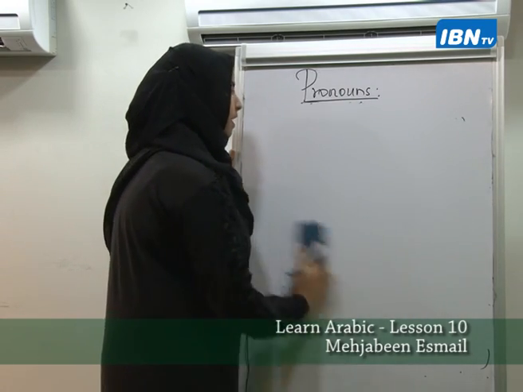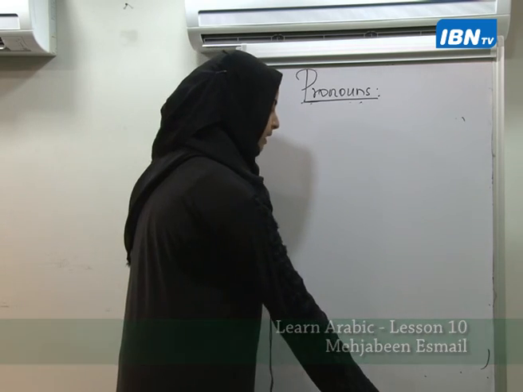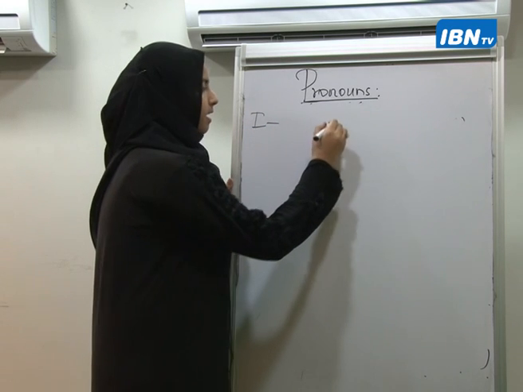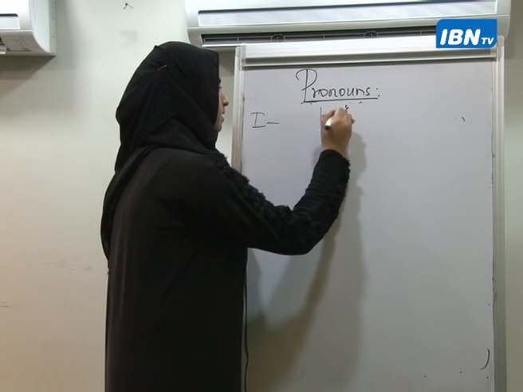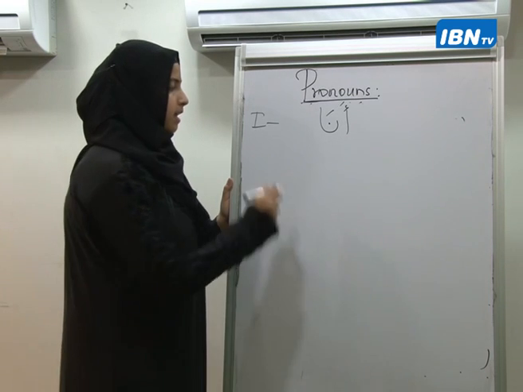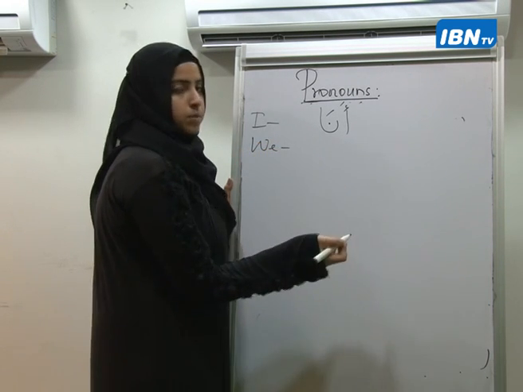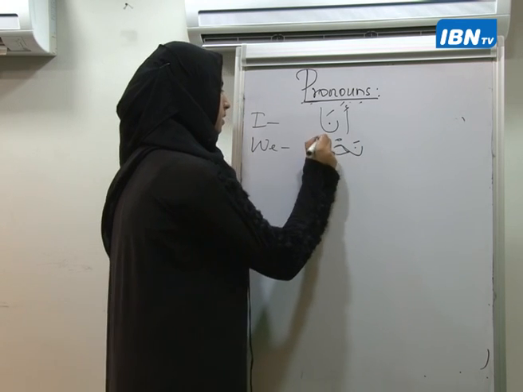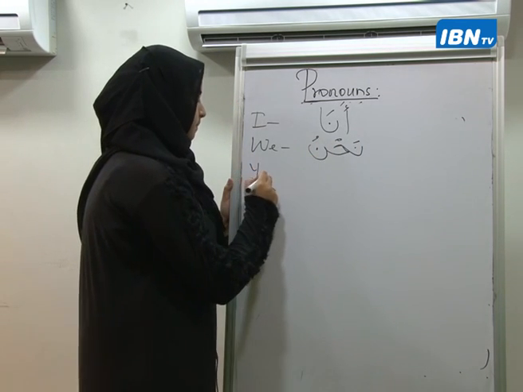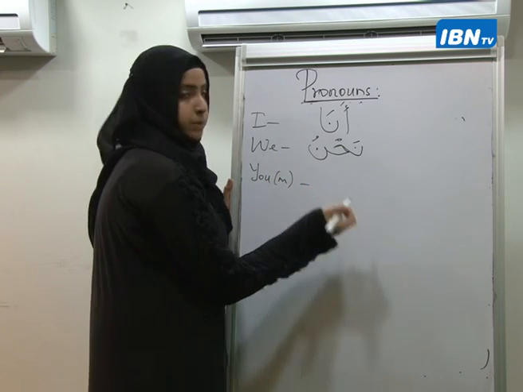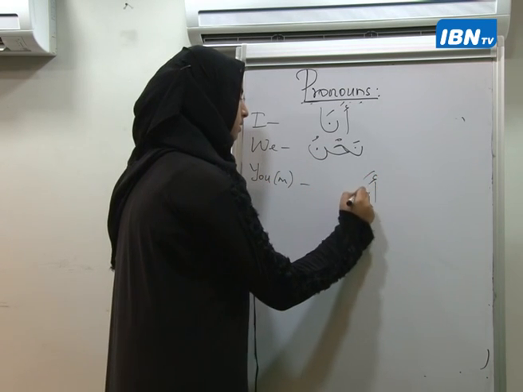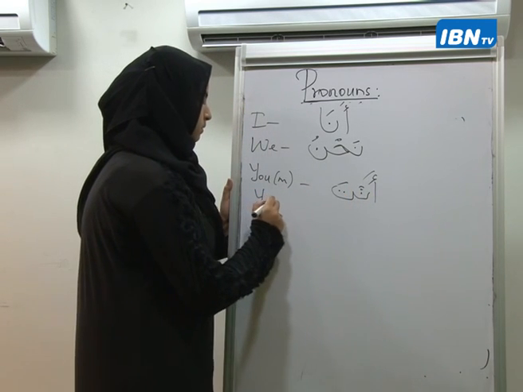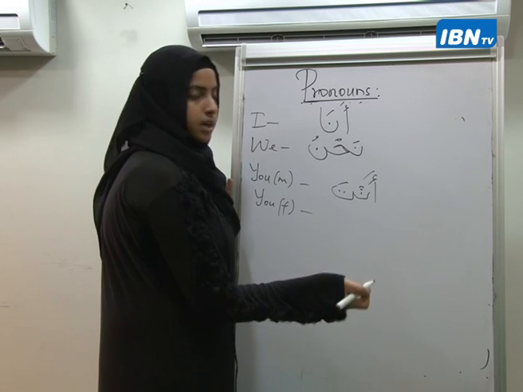So what did we learn today? We learned all the 12 pronouns. So what are the 12 pronouns? We said I, ana, first person. Then we said we, which is Nahnu. Then you, masculine, which is Anta. Then you, feminine, which is anti.